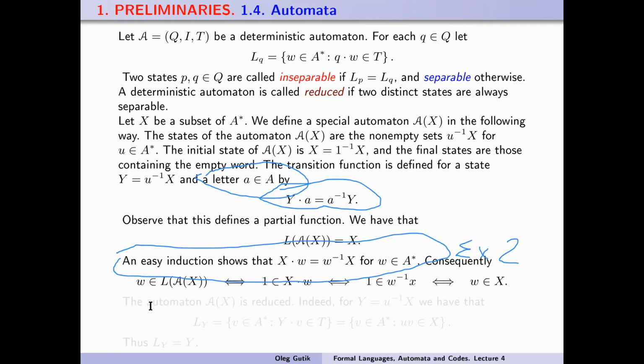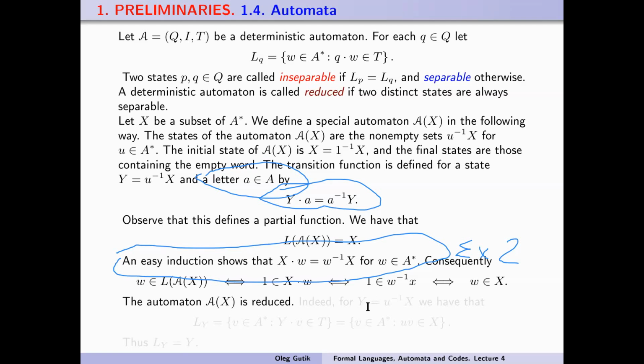Consequently, the word V belongs to the set of words recognized by A of X if and only if the empty word belongs to X multiplied by V, and if and only if the empty word belongs to V to the power minus 1 X, and if and only if the word belongs to the set X.